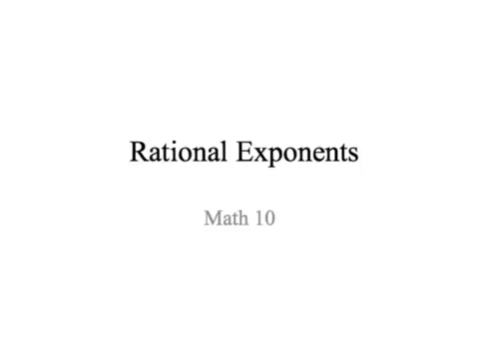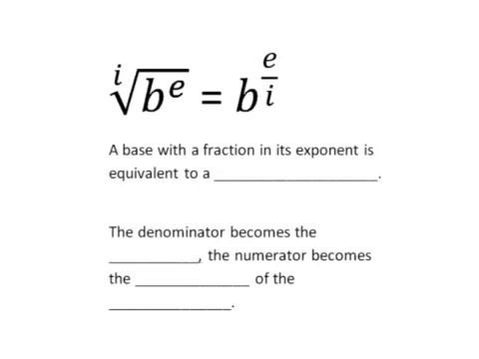We're going to transition into rational exponents now. So rational exponents can be turned into radical problems. The base of a rational exponent is equivalent to the radicand, which is the same thing that is underneath the radical sign.